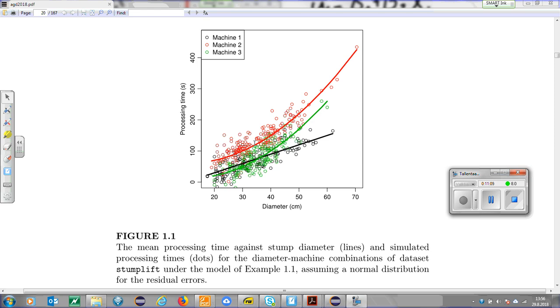So they are not something we have observed, but if the model we specified would be true, it might be possible to observe data that looks something like this. And these thick lines here show the true expected value of the data. So it also demonstrates that the regression lines give the expected value, but the true observations vary around that line with the variance covariance structure we have specified in matrix sigma squared R.